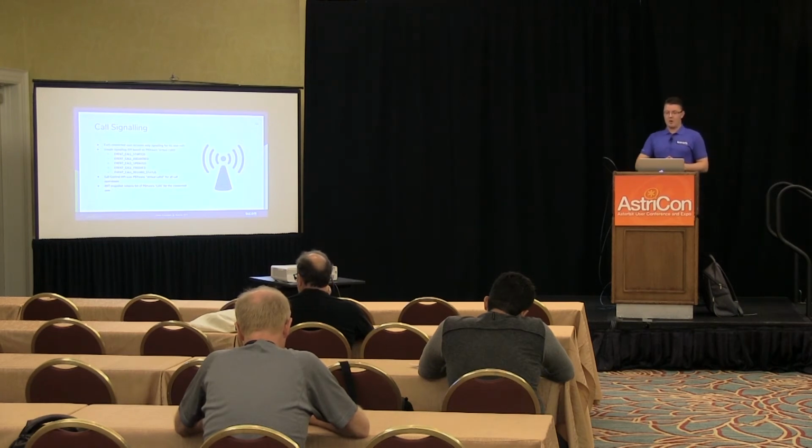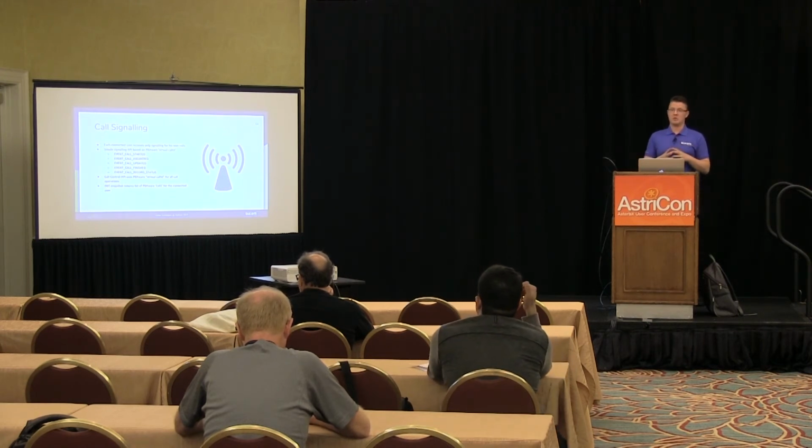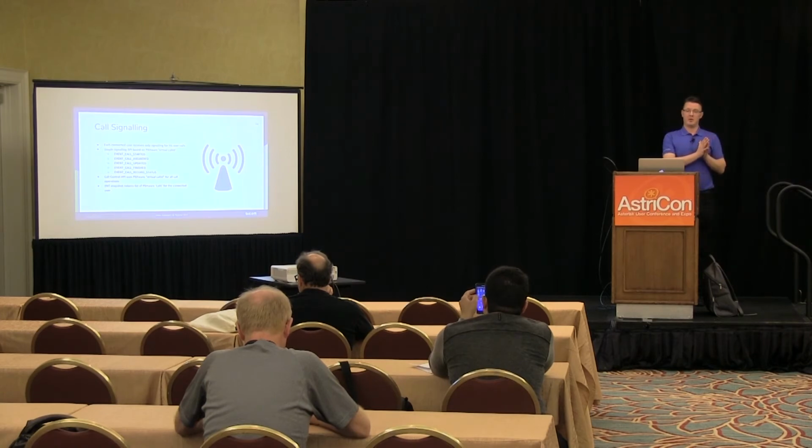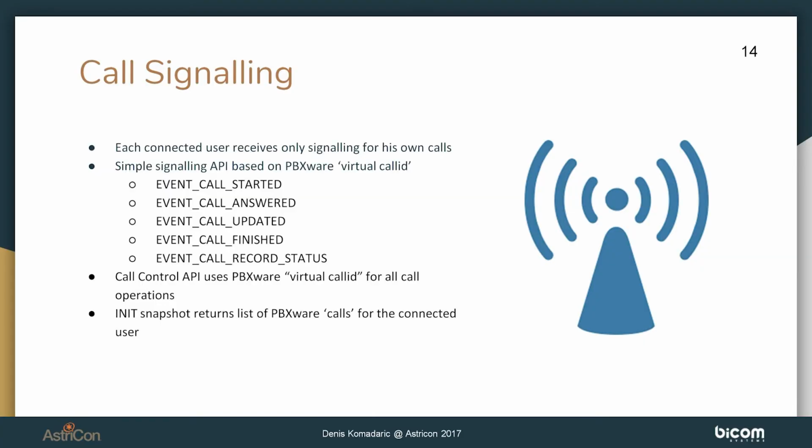So this is how our call signaling in our platform works. Let's not confuse this signaling with SIP, of course. SIP signaling is one thing, RTP is the voice path, as we just said. And then we have our own abstraction and signaling events.